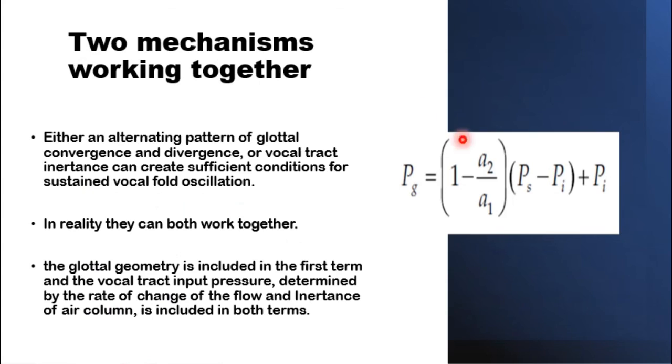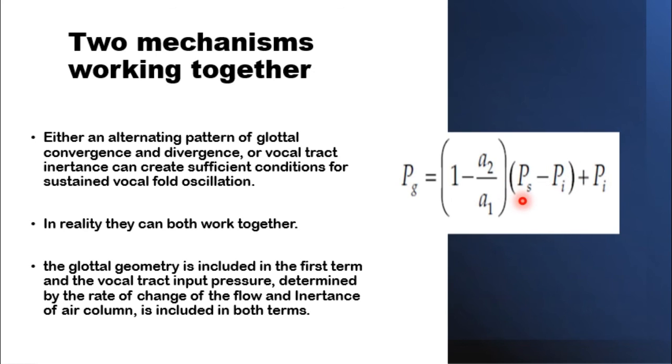So we have been through these two mechanisms of convergence, divergence, and the inertia of the supraglottal air column, to try and explain why the vocal folds can self-sustain oscillations. Back to the equation, we have seen that there are two entities. One of them is the pressure in the supraglottal vocal tract, which is dependent on the inertia and on the change in the glottal flow rate, and the other entity is dependent on the convergence and the divergence of the glottal canal entry and the difference between the subglottis and the supraglottis pressure.